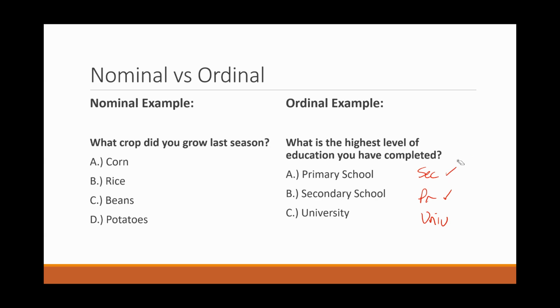Someone who's completed secondary school has more schooling than primary. So these are not ordered correctly. They aren't in an order that makes sense. They're not in an order that communicates information. We need to switch these around. All right, so an ordinal categorical variable has a coherent ordering of the categories.